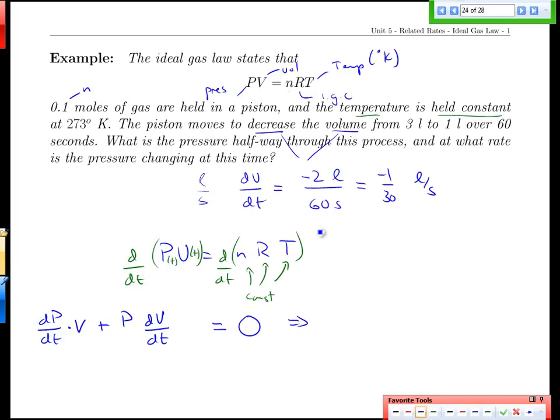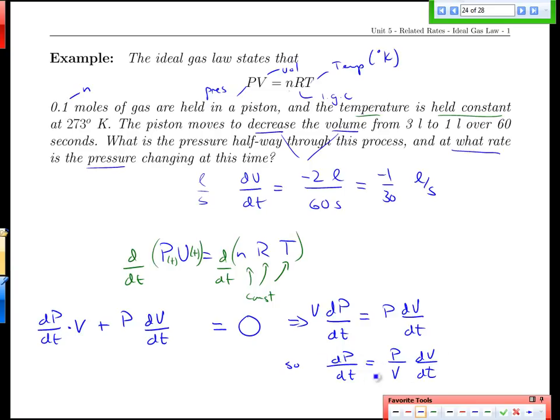And what do we actually want to solve for? We want to solve for the pressure halfway through this process and at what rate the pressure is changing at this time. In fact, we're almost halfway to the pressure rate, so let's calculate that first. V times dP/dt is going to equal negative P dV/dt. And so the rate of change of pressure is going to be negative P over V times dV/dt.